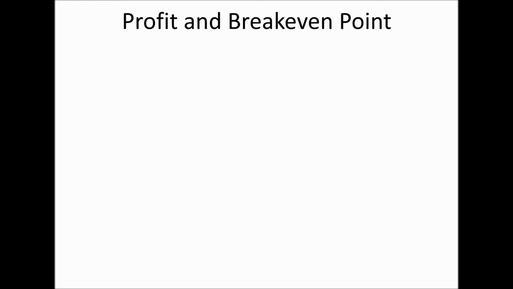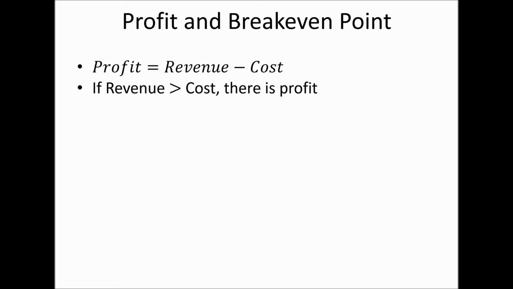Profit and break-even point. And this is what businesses really want to know. So as I said earlier, the profit is found by subtracting revenue, take away the cost. If the revenue is greater than the cost, if you're making more money than you're spending, well, there's profit. Otherwise, if you're spending more than you're bringing in, revenue is less than cost, there's loss.